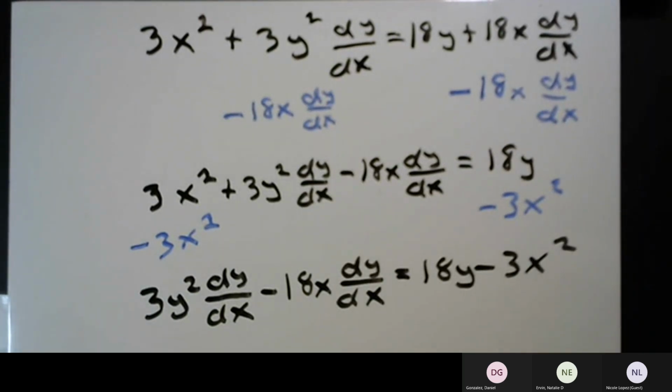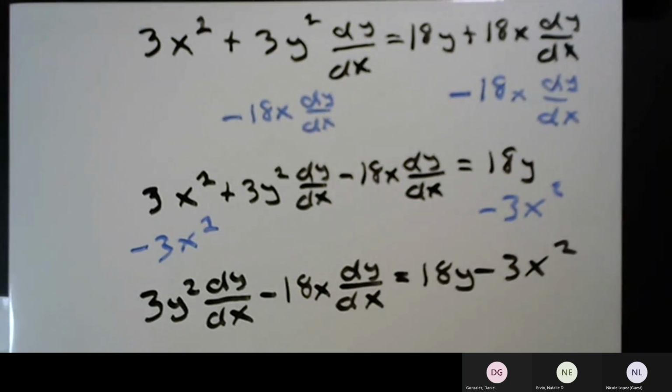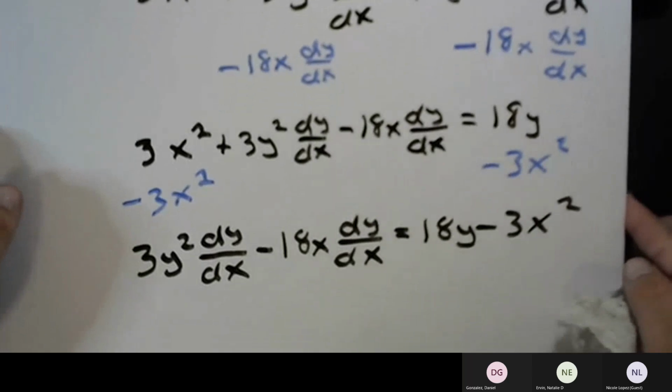And there we go. So why get the dy dx's on one side? Well, what we're going to do is factor out dy dx.